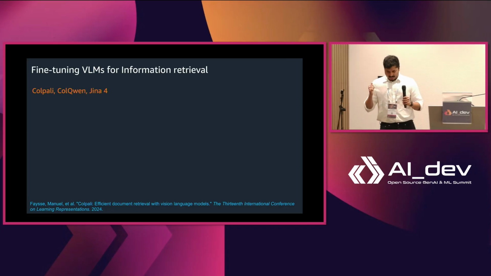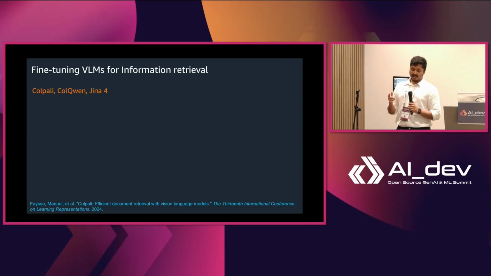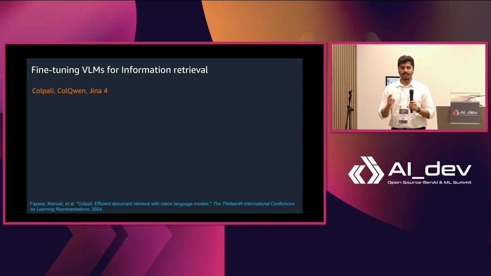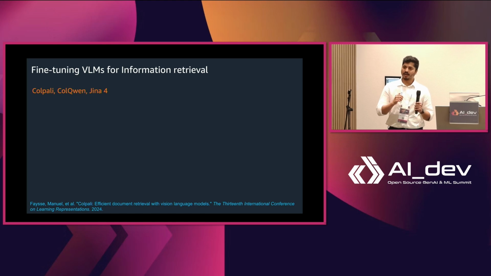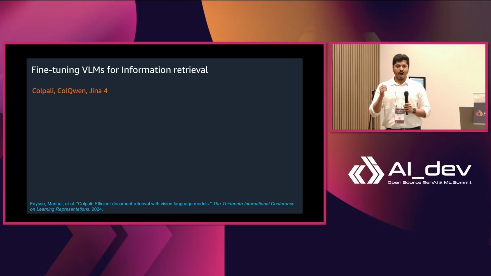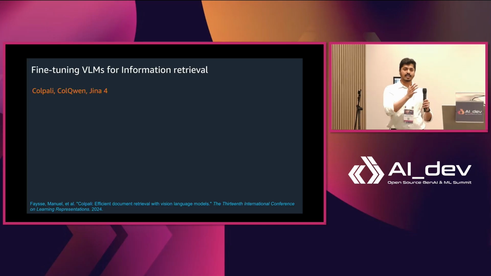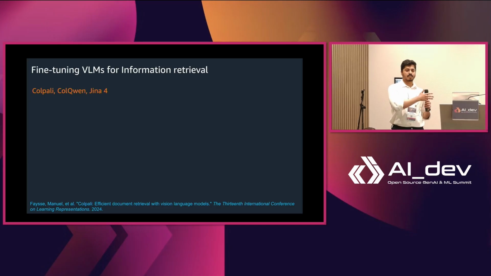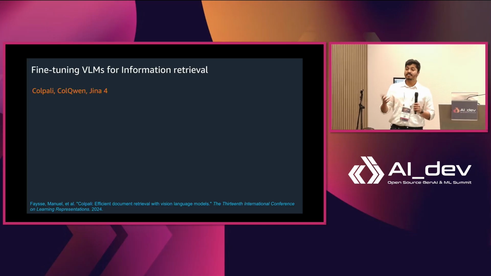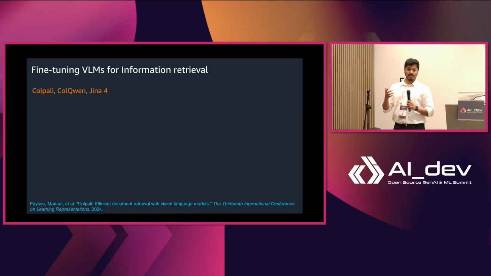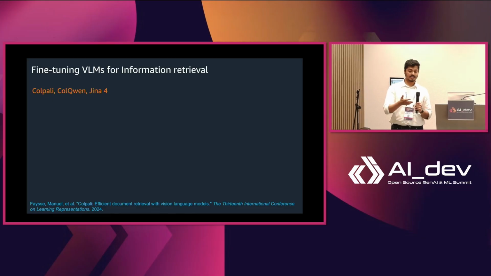But since the beginning of last year, a research paper came out, and the authors were thinking differently. How about using these VLMs not just for generating text based on images, but for information retrieval use cases, which means making these VLMs compatible with vector search?